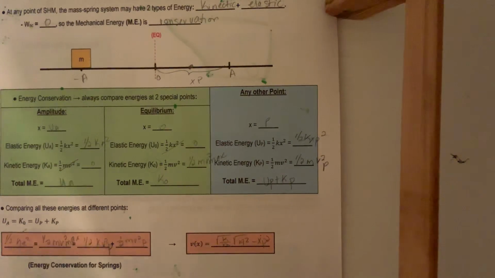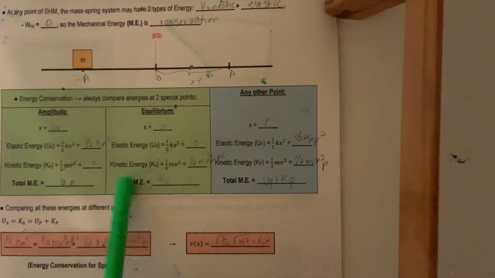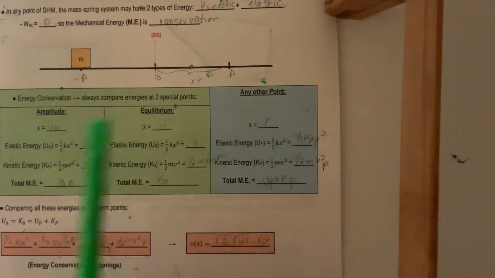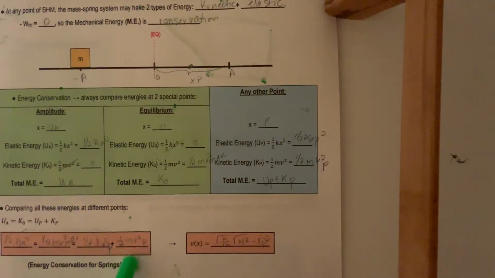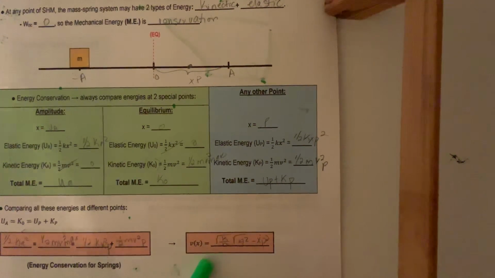So one equation that relates all of them is this one. UA, which is the amplitude, equals kinetic energy, which is this one. Here's its value. UP, the elastic energy at a different point, plus the kinetic energy of the other point. Here's the value. And when we're asked for the velocity at a position, we're going to use this formula.